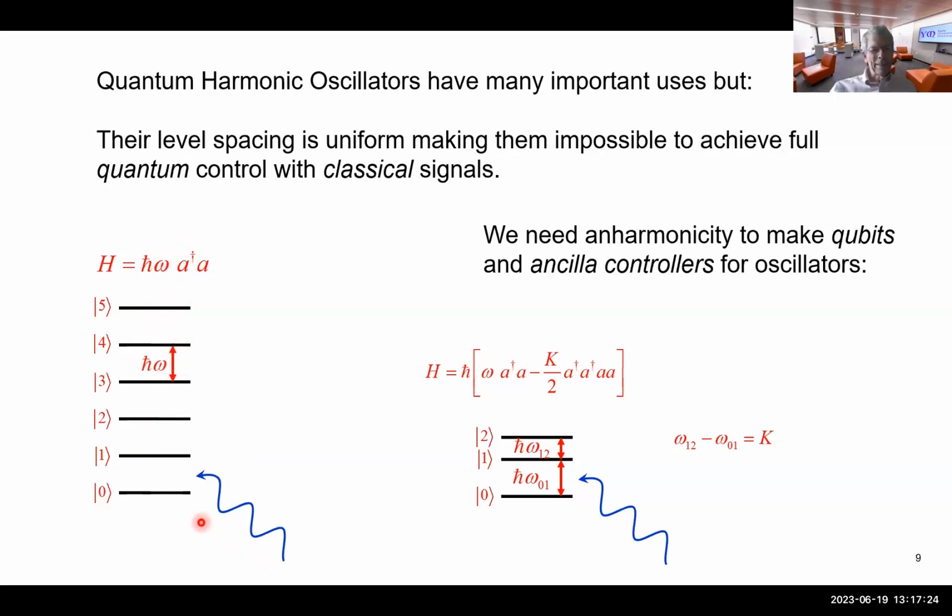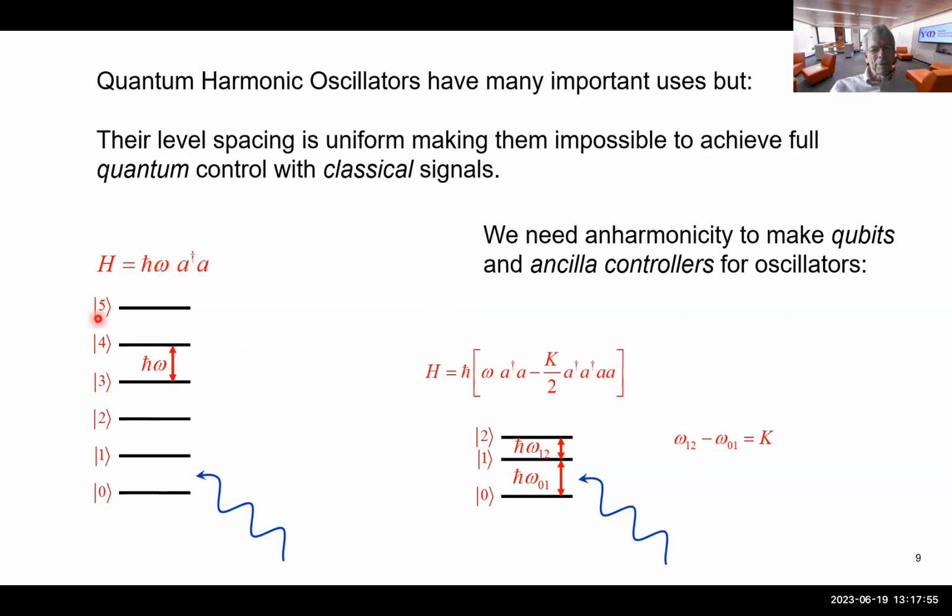So when I send in a classical drive to try to excite one quantum in the oscillator, once I have some amplitude to have one quantum, the same drive will continue to move me up the ladder, and I'll always produce a superposition of different photon states, so-called coherent states, where I'm uncertain exactly how many photons I have. I cannot make a Fock state with exactly one photon, for example.